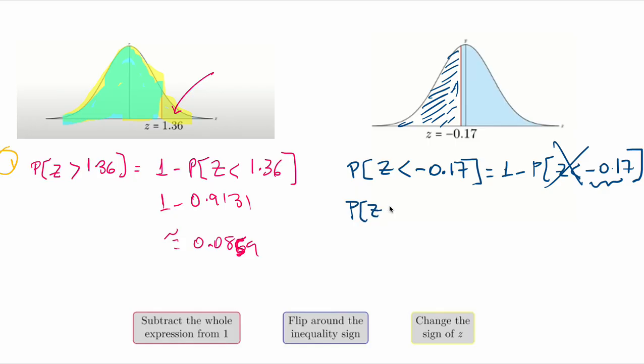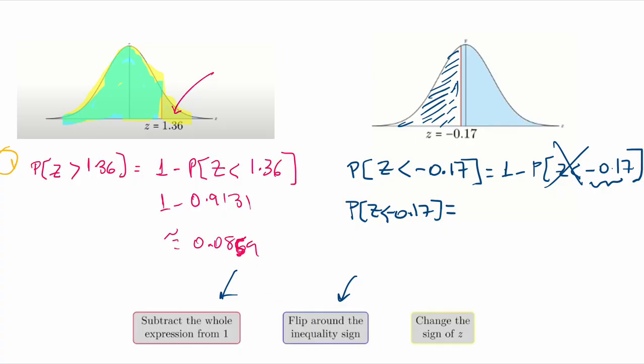What other move can we do? Let's flip around the inequality, and we did already this too, right? We subtract the whole expression. We flipped around the inequality.